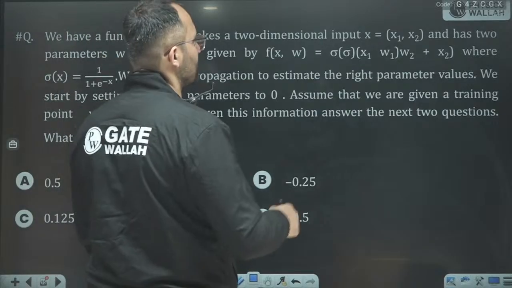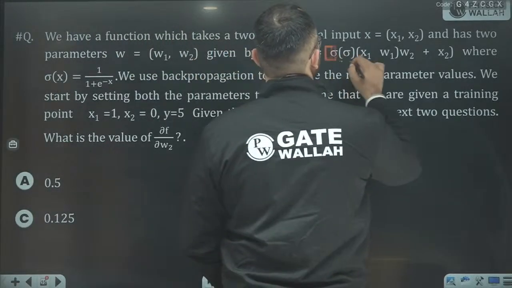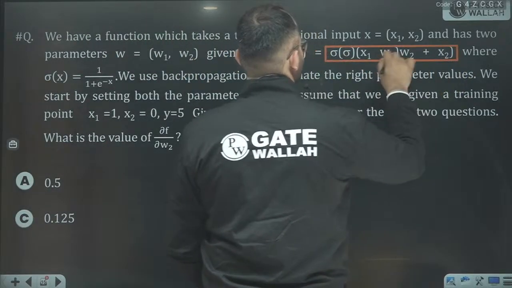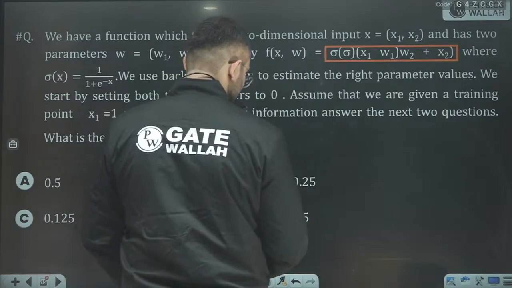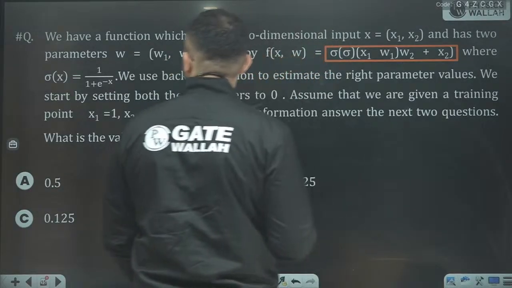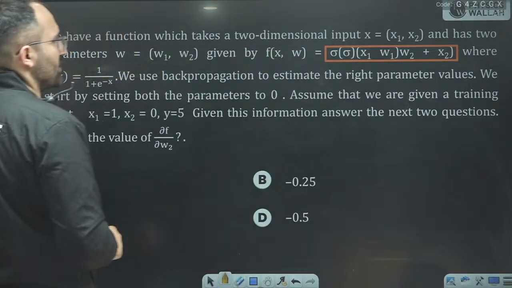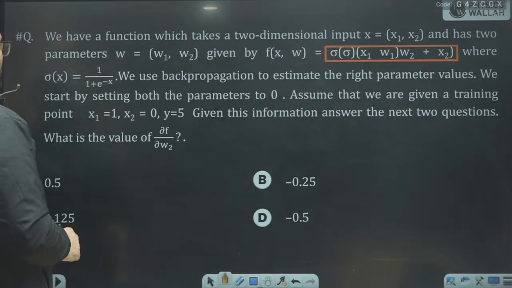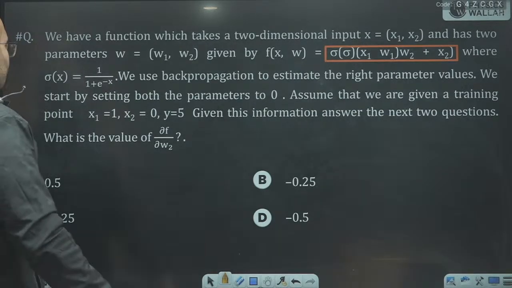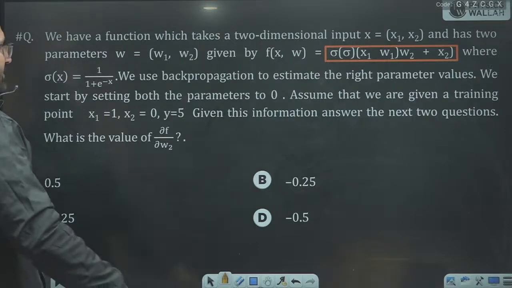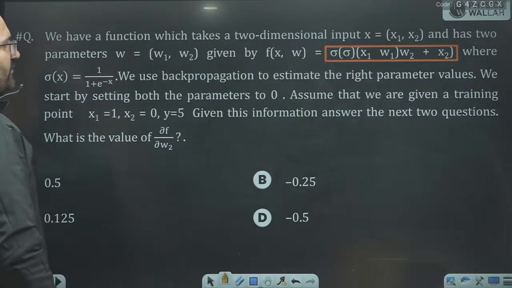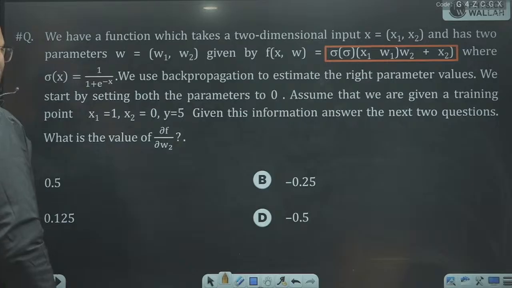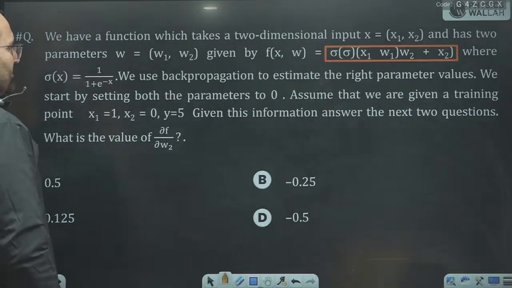I think there is some typo error here. We use backpropagation to estimate the right parameter values. We start by setting both the parameters to 0. Assume that we are training on a point x1, x2 and y equals 5. Given this information, answer the next two questions. What is the value of del f upon del w2?